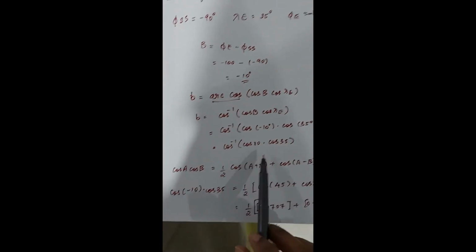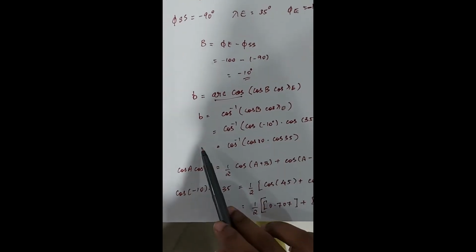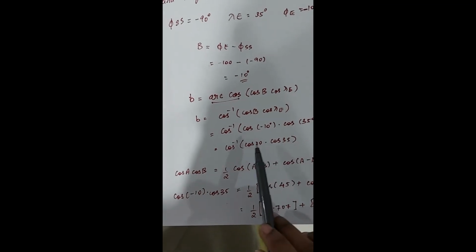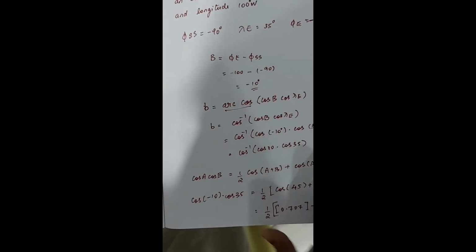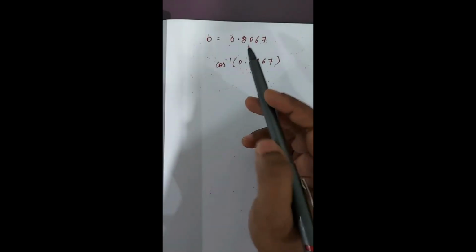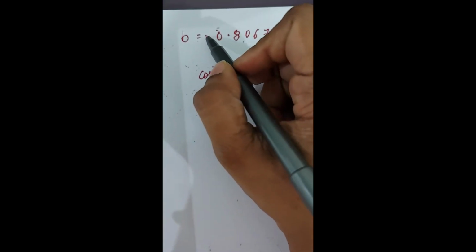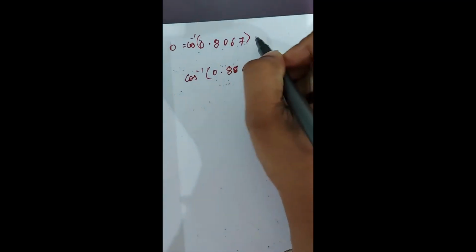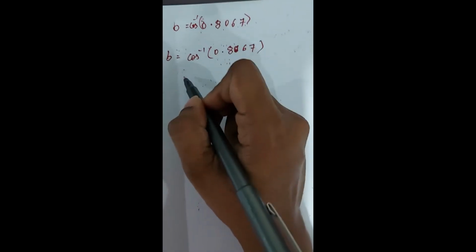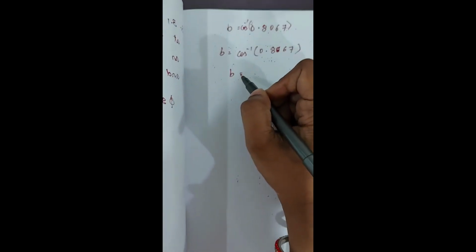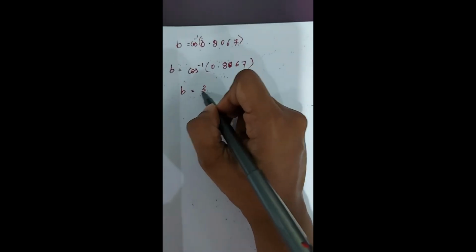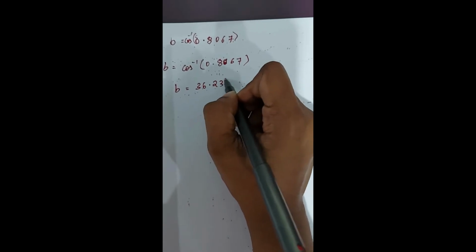We have seen in the previous page, we had taken cos A cos B, so b is nothing but cos inverse of this value. Cos A cos B we have solved using the half angle formula and what we got is this. So here b is actually cos inverse of this value. So b is equal to 36.23.